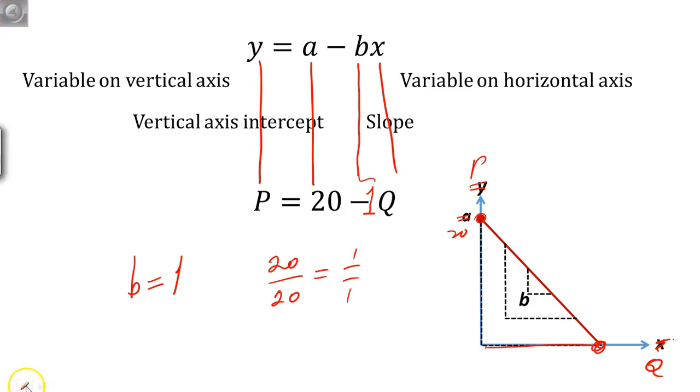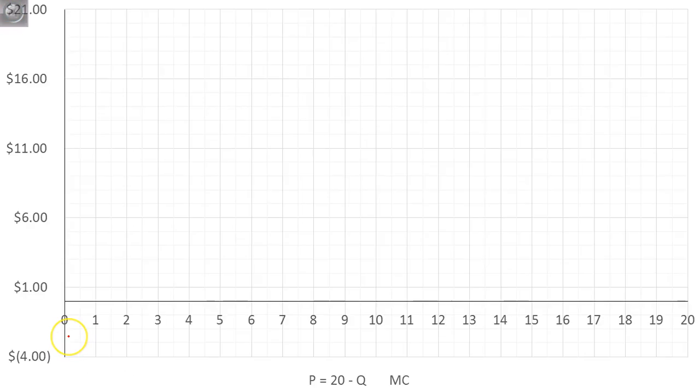Anyway, let's move on. If we wanted to draw this equation in the graph, P equals 20 minus Q. So we know what the vertical intercept is going to be. It's going to be here, 20. And we also know that the slope is 1.